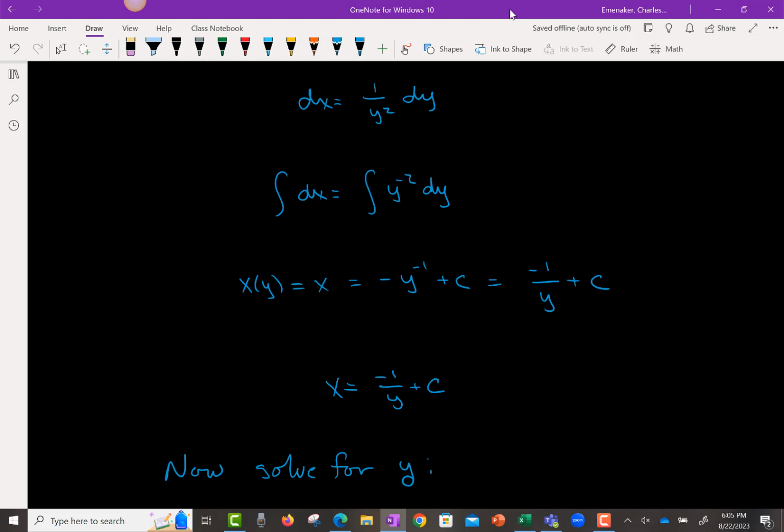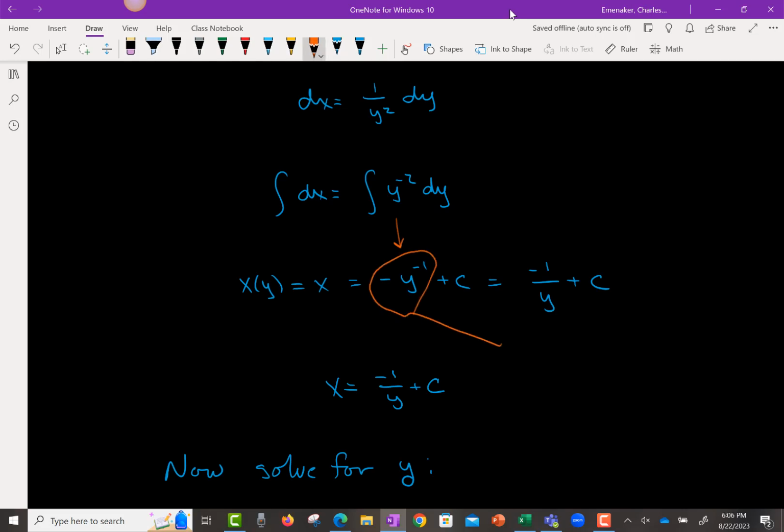On the right-hand side, the antiderivative of y to the negative 2 is negative y to the negative 1. Now you may be sitting there thinking, I'm not sure about that. Okay, you add 1 to the exponent, negative 2 plus 1 is negative 1, and then you divide by that new exponent, so we get negative y to the negative 1 as our result.